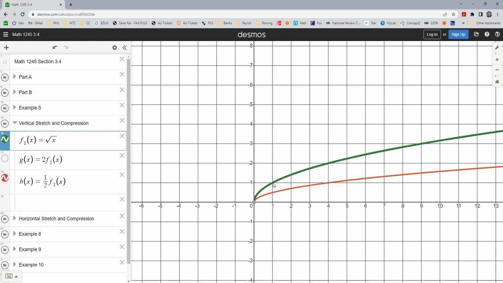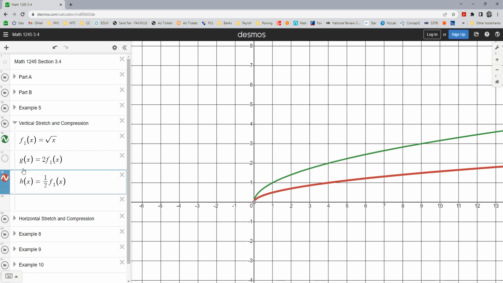So this 1, 1 here ended up becoming 1, 1 half. At 4, 2, now it becomes 4, 1. This 9, 3 here ended up being 9, 1 and 1 half, because half of 3 is 1 and 1 half.